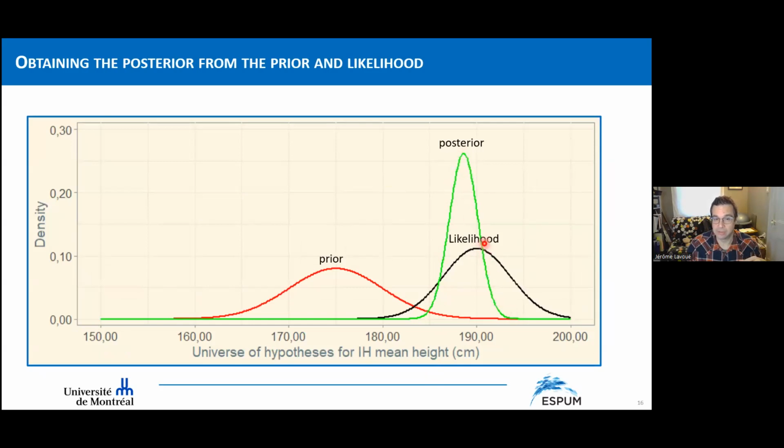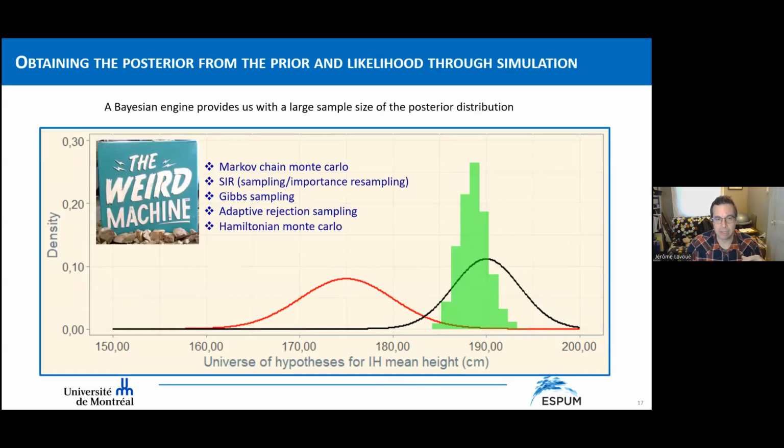Here, this is a density curve, so it's written thanks to an equation. But unfortunately, for most practical Bayesian problems, there's no analytical solution, so there's no equation for the posterior.